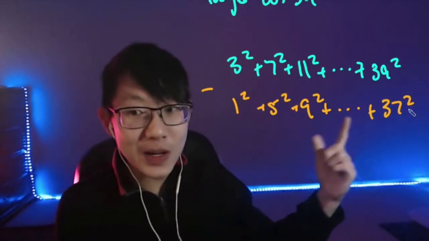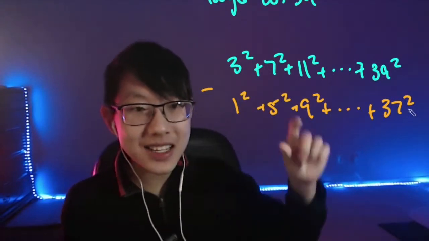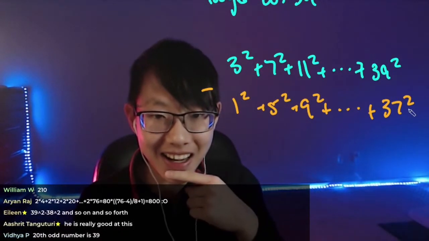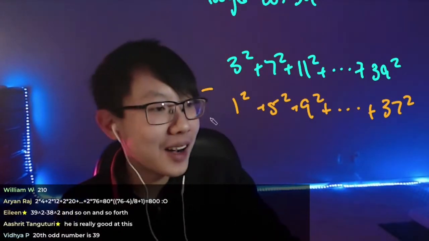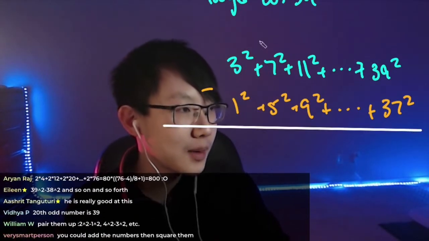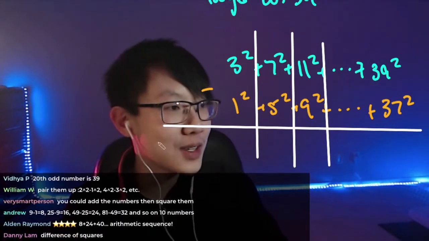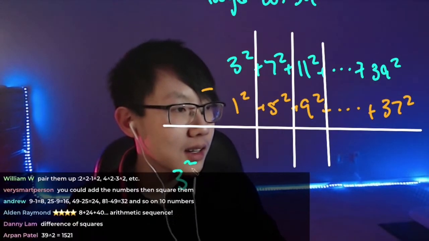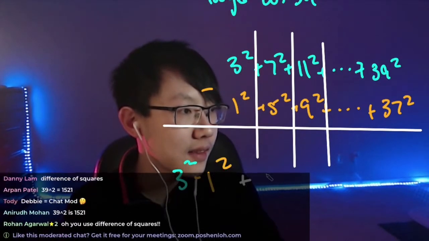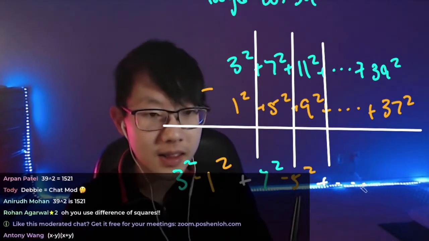So instead of doing the squares, let's do an easier way of calculation. Since we see squares and a difference, I'm going to bring up chat just to see if anything's happening. Okay, yeah, something like that. But let's just do it individually. Just thinking about it per square like this, I'm going to do 3 squared minus 1 squared plus 7 squared minus 5 squared, and so on and so forth.